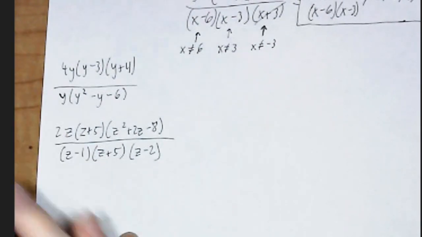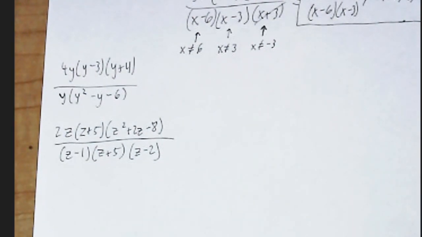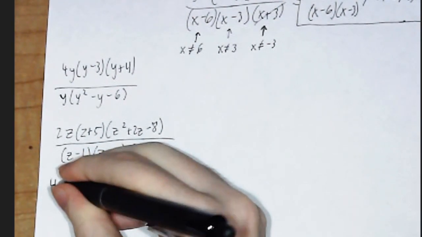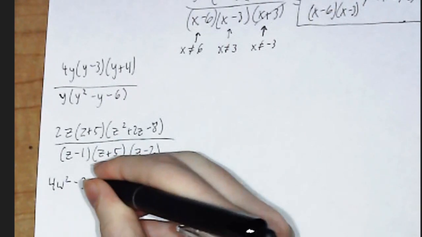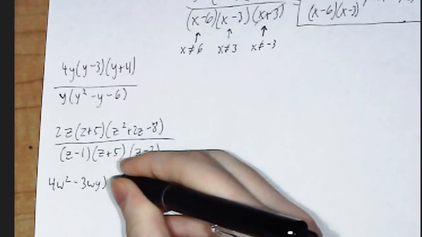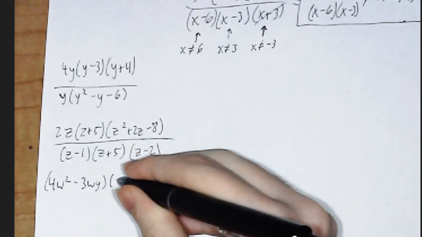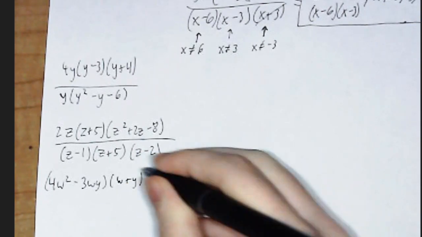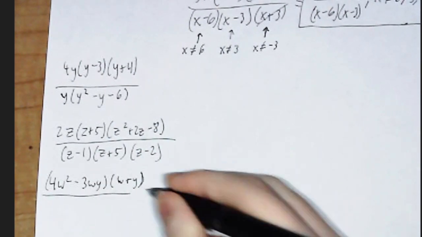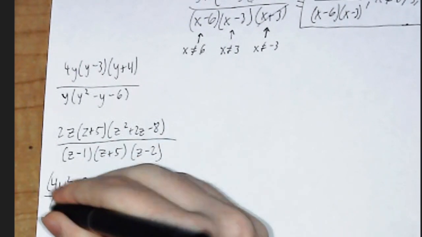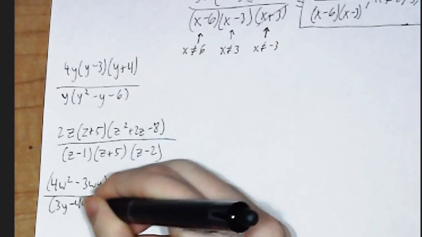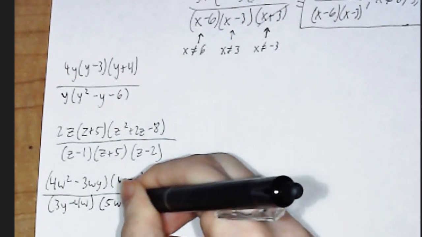And the last one is 4w squared minus 3wy times w plus y over 3y minus 4w times 5w plus y.